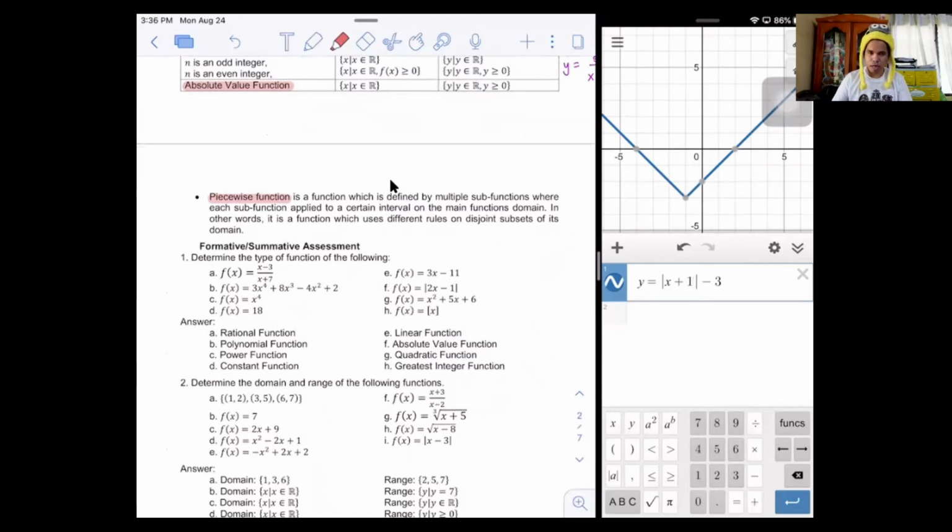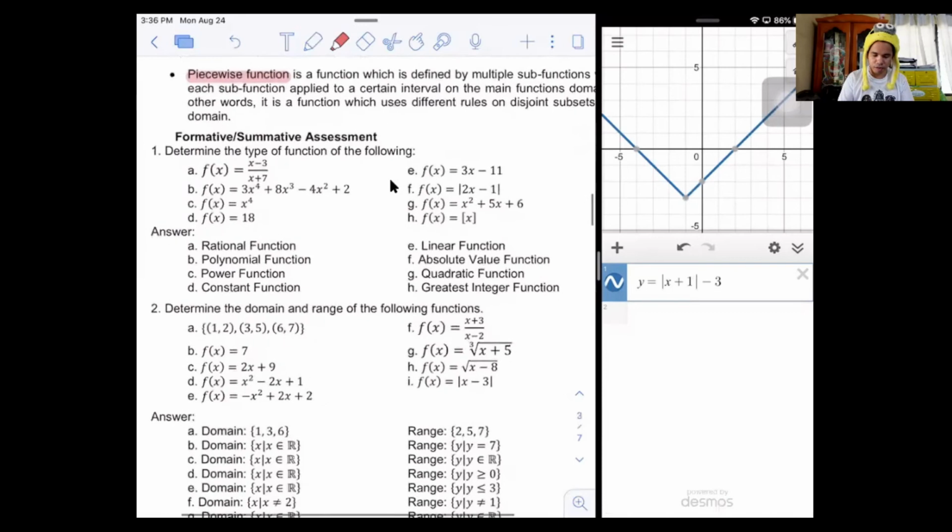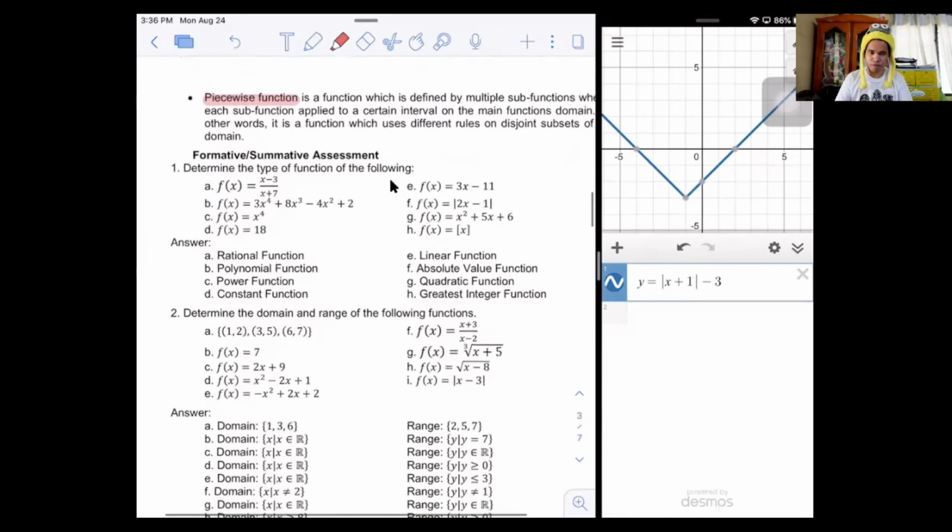So here, in our formative assessment, you were given this example of functions and then you're asked to determine them. So for letter A, this is rational. Rational because naa siya variable sa ubos. For letter B, polynomial.